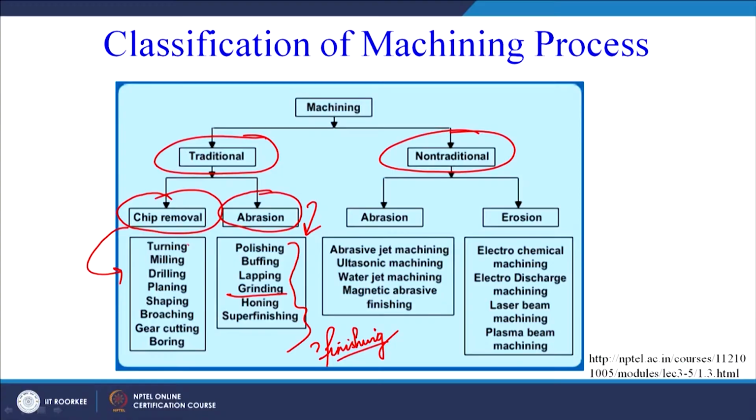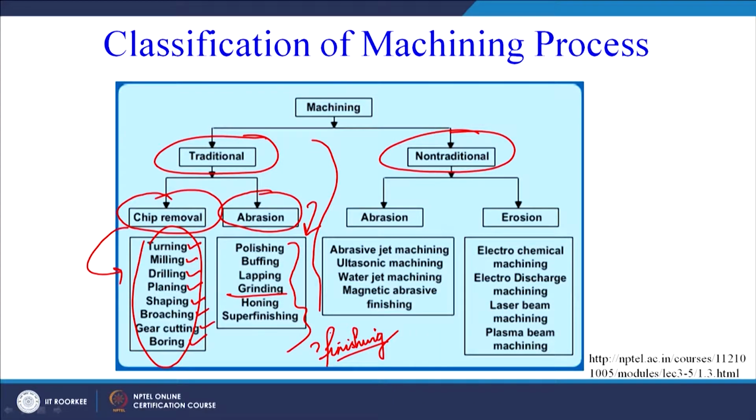So in chip removal processes, a lot of material is removed. Some examples are turning, milling, drilling, planing, shaping, broaching, gear cutting, and boring. All these processes lead to a lot of material removal from the workpiece, and then we get the desired shape and dimensions of the product.